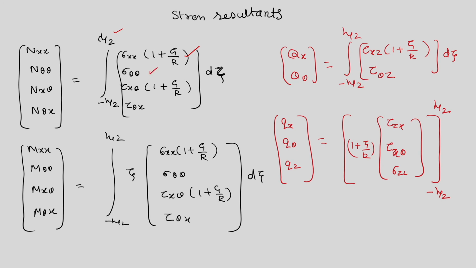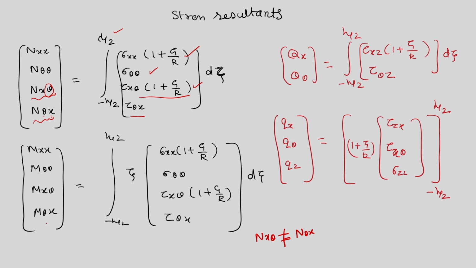Similarly, here you can see Nx theta and N theta x. For Nx theta, curvature in the second direction will participate, and for N theta x, curvature in this direction will participate. So, for a cylindrical shell, Nx theta is not equal to N theta x.